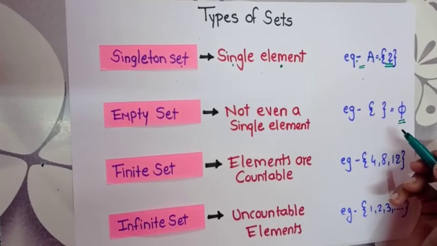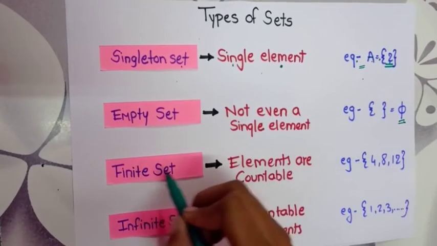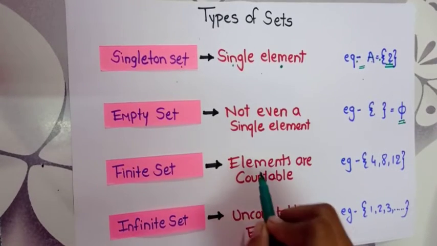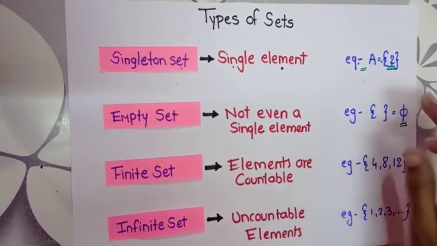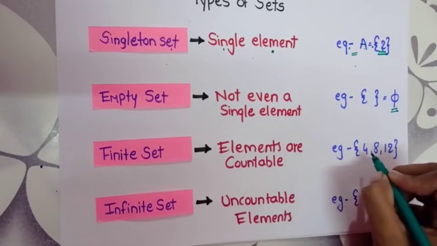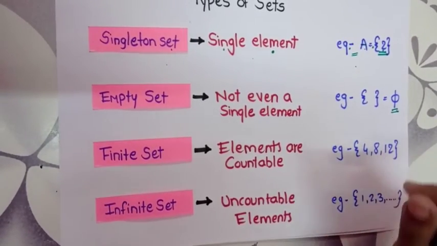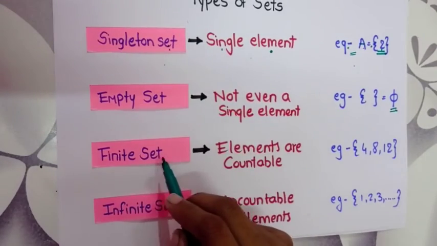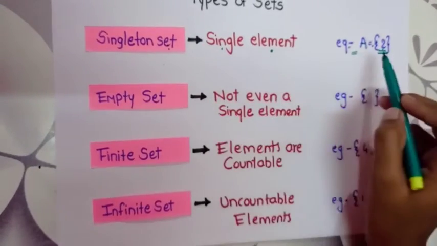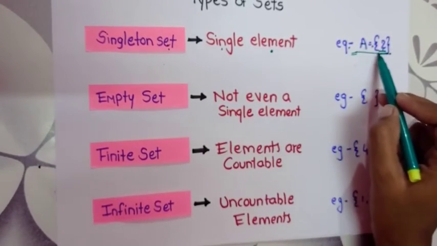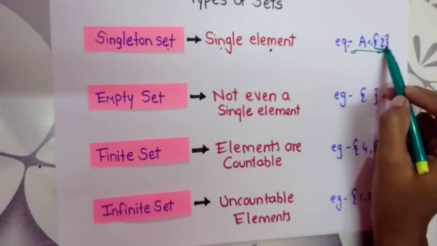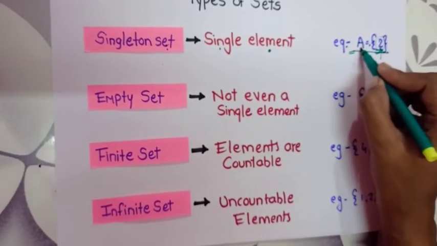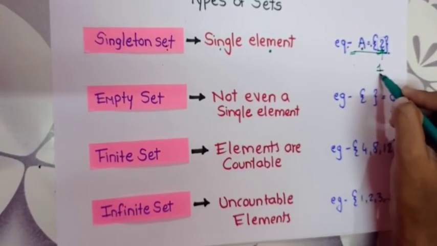Now next to this is the finite set. What is a finite set? It is a set in which the elements are countable. Here we can count the elements of that set. We can also call a singleton set a finite set, because in this example we can count that 2 is the only element in this set, therefore it is countable.